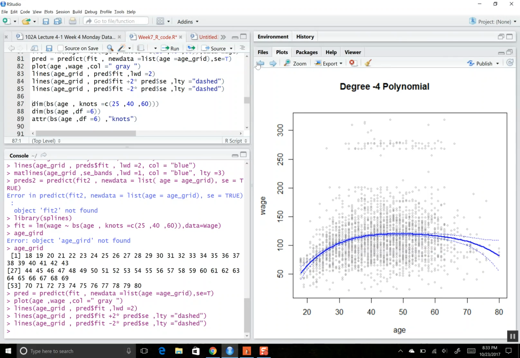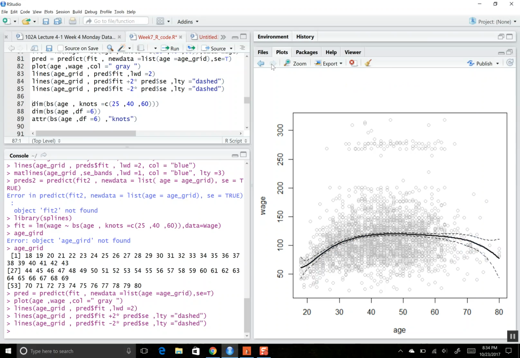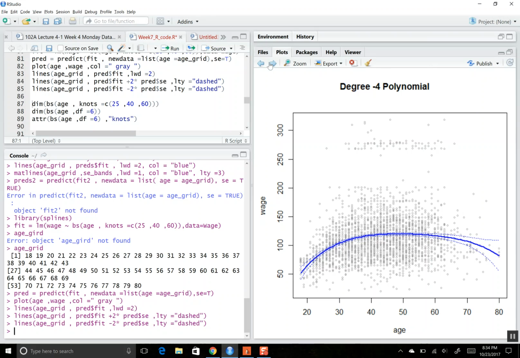They're both giving us similar results, but the cubic basis spline maybe has a slightly different shape at certain points here. The behavior in the tails, at the edges, is probably what's going to be most different.